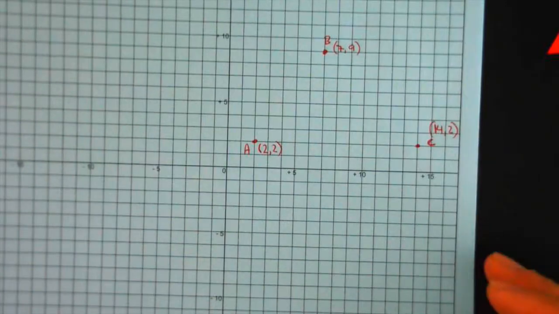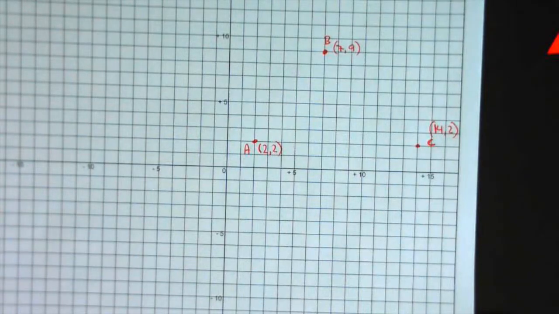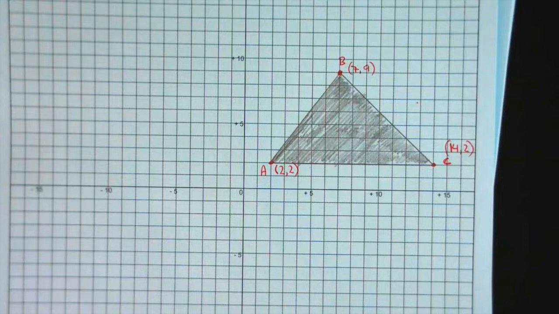Now if I ask you to translate this 6 units left, 3 units up, where would our translated image end up? Where's a good starting point?